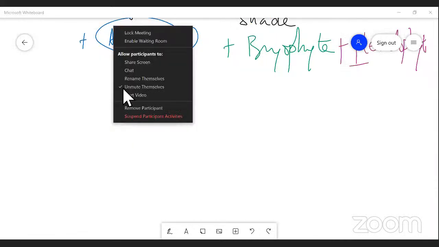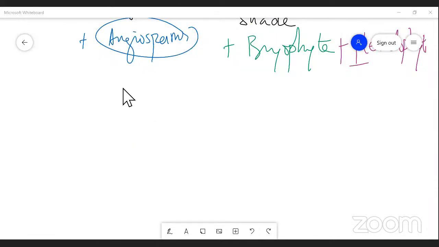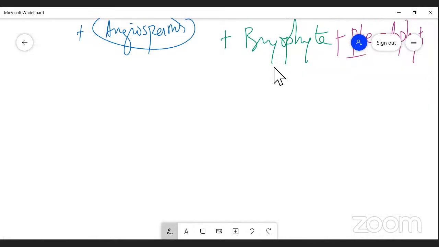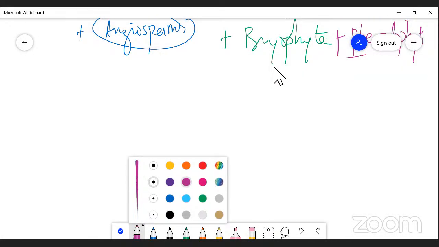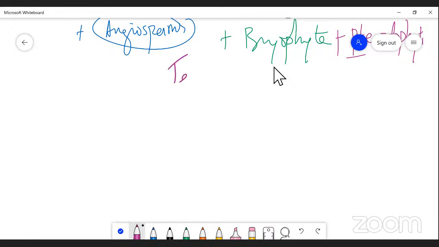So next we pass on to another factor, that is temperature. This is the second factor. Temperature is one of the climatic factors that also plays an important role in plant growth and development, right?